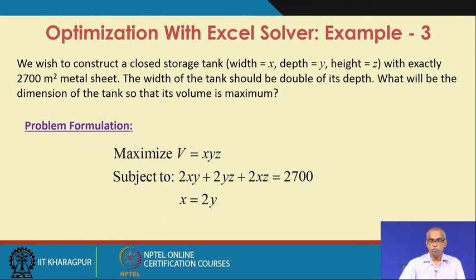So, the problem formulation will be maximize V equal to x into y into z, that is the volume, subject to total surface area should be 2700 meter square. So, 2xy plus 2yz plus 2zx equal to 2700 and another constraint is x equal to 2y.